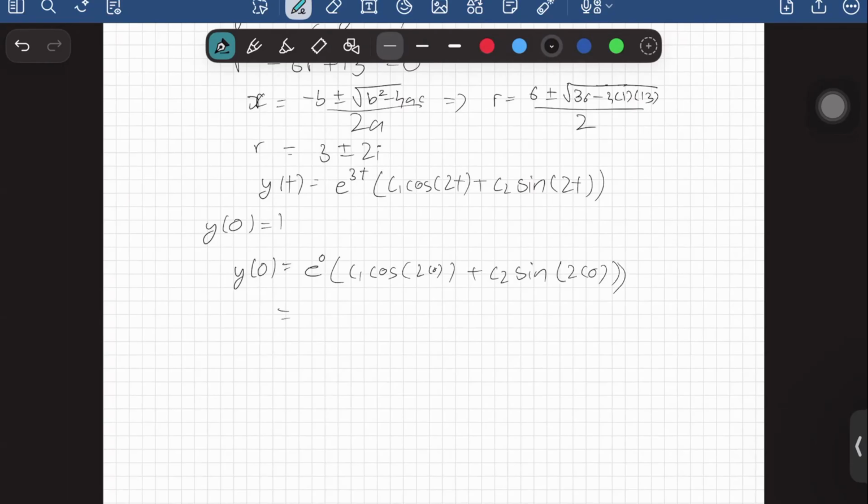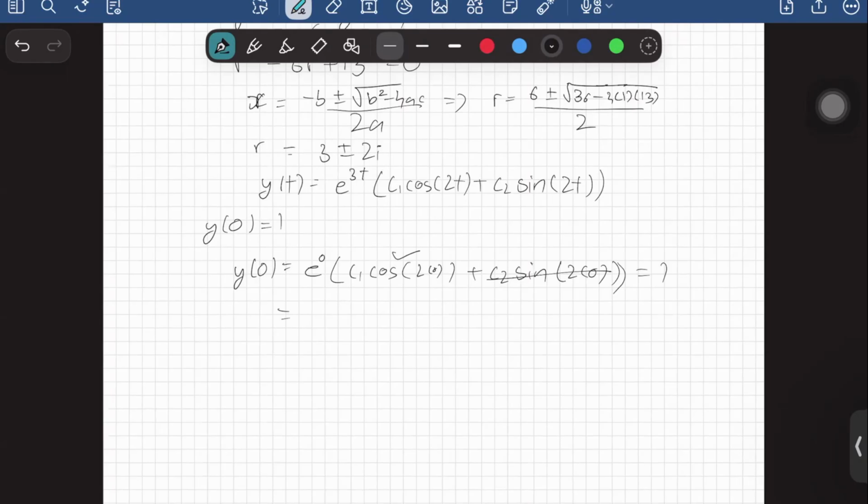And that is equal to 1, right? We know cosine of 0 is 1, but sine of 0 is 0, so this entire term is just gone away.